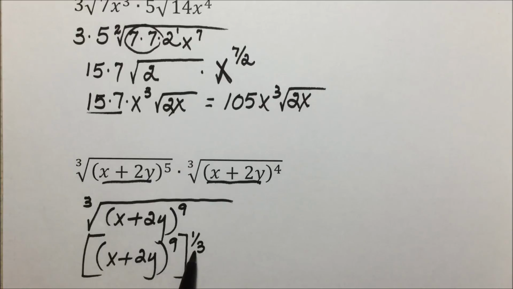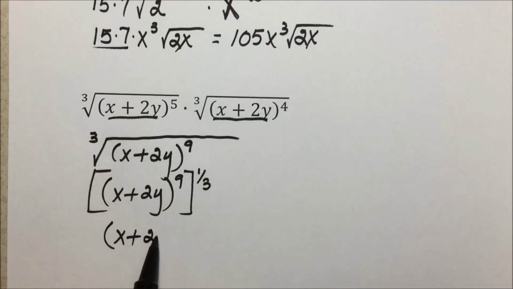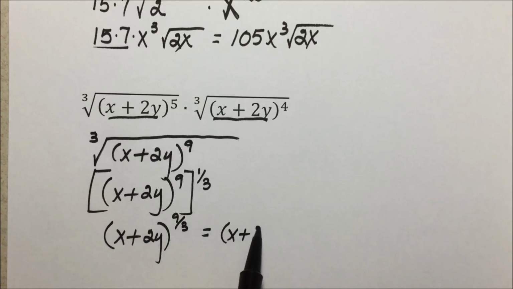We now have a power raised to a power where we multiply exponents together. 9 times 1/3 is 9/3, which simplifies into 9 divided by 3, or a 3. So our final answer here is the quantity x plus 2y raised to the 3rd power.